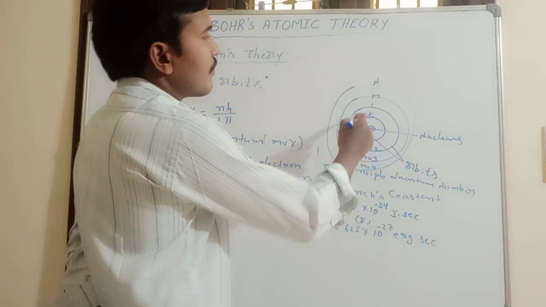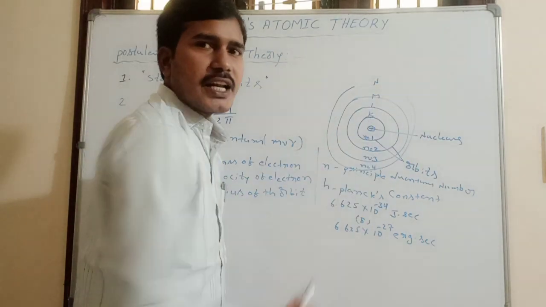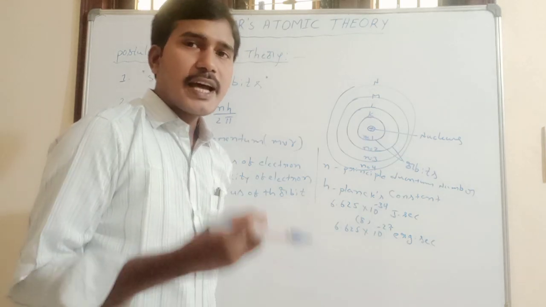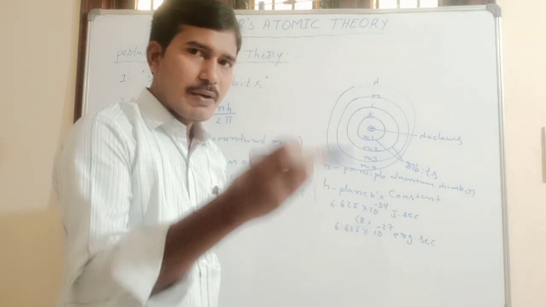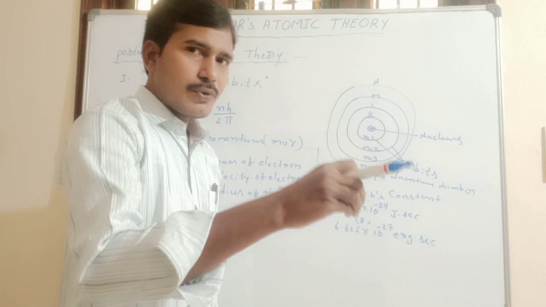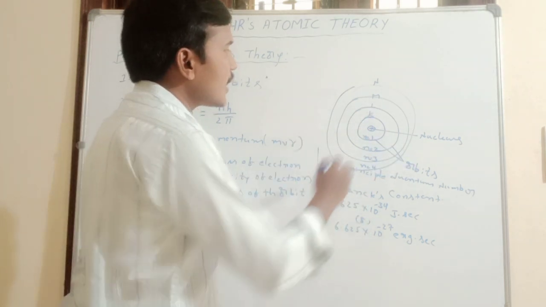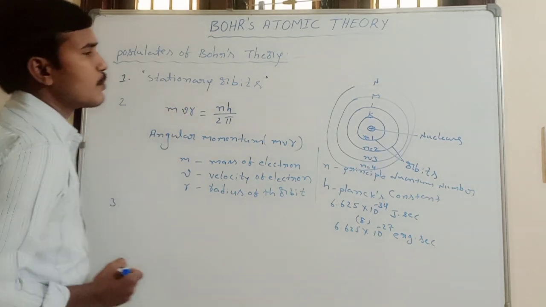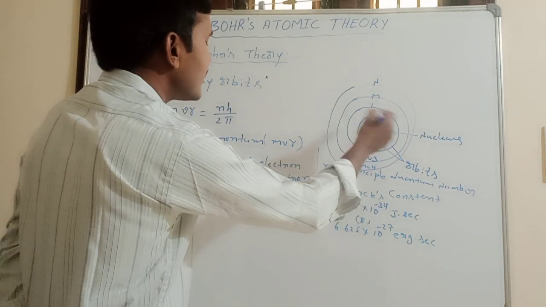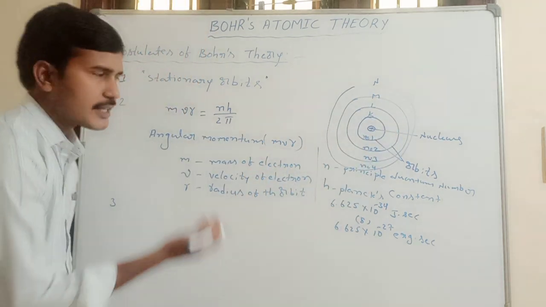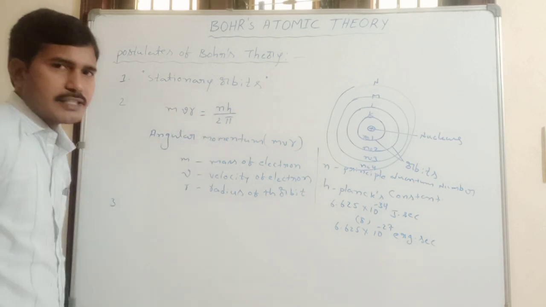Out of the infinite number of closed circular orbits around the nucleus, the electron can only revolve in an orbit whose angular momentum mvr is an integral multiple of h by 2 pi, that is mvr equals nh by 2 pi.